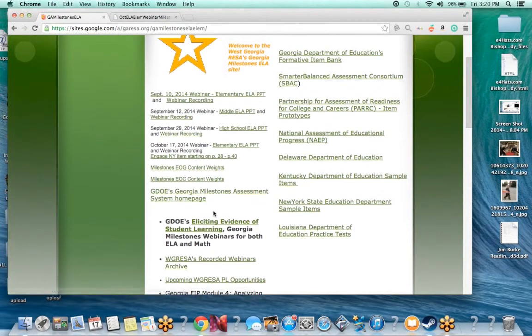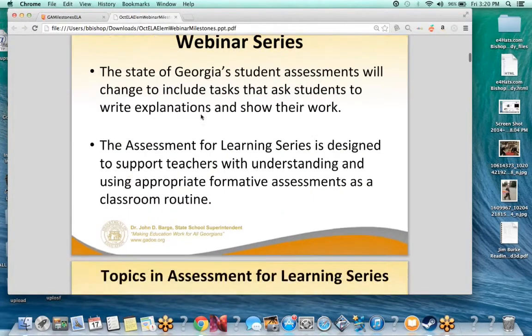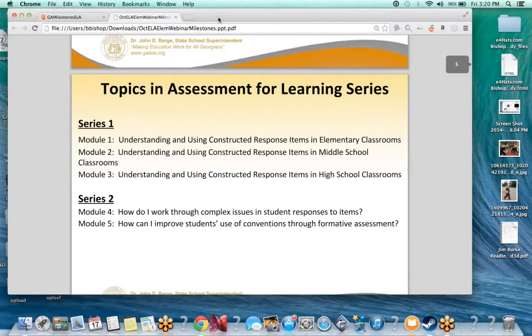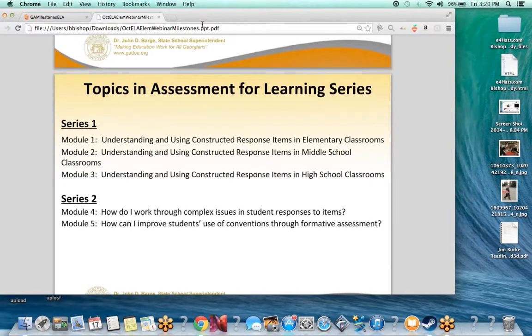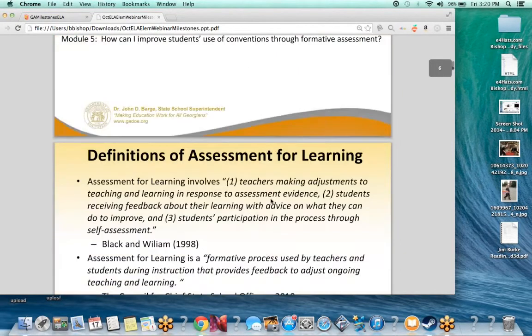Also, their main page with general information about the Georgia Milestones is provided here, just in case that's helpful. All right, taking us back to the PowerPoint. The DOE's Eliciting Student Evidence web series has 5 different modules, specific to elementary, middle, or high school, but they also talk about some complex issues in response to items and how to improve conventions through formative assessment. So again, I suggest that you check those out when you have a chance.